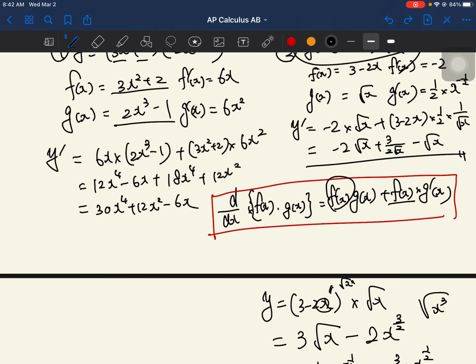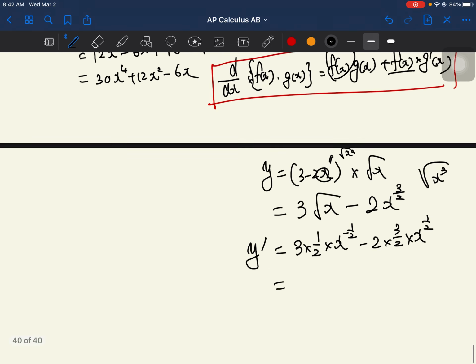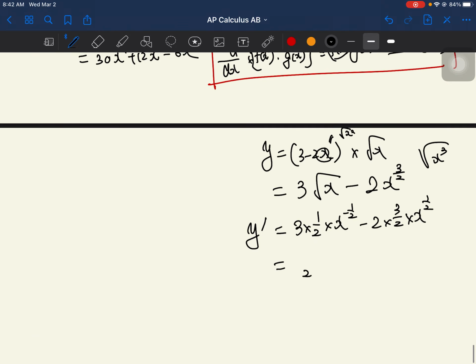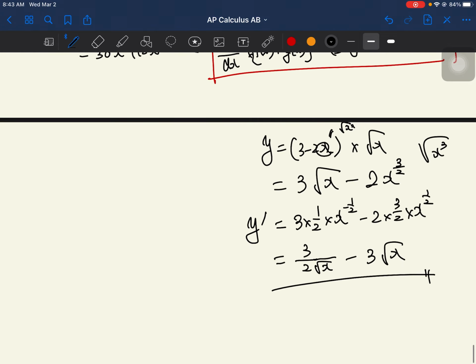Actually, this is wrong. You can just simplify these. So the answer is going to be negative 3 square root of x plus 3 over 2 square root of x.